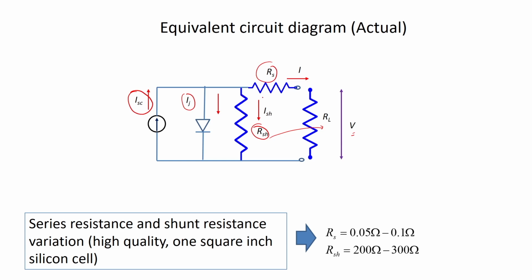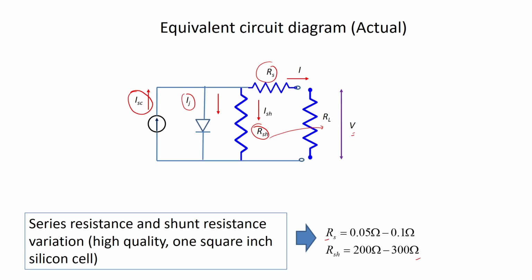That is why there is no heat dissipation, and the current I flowing through the circuit flows through the load resistance. If we have to quantify the resistance, the shunt resistance is about 200 ohm to 300 ohm, and the series resistance is 0.05 ohm to 0.1 ohm.